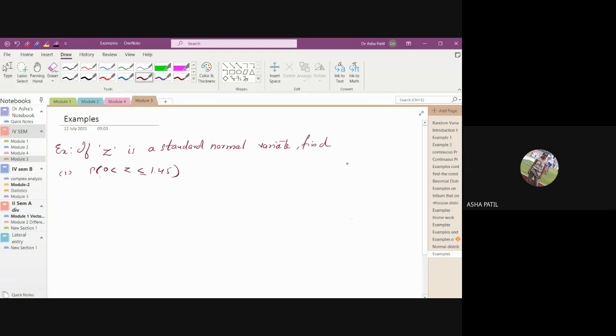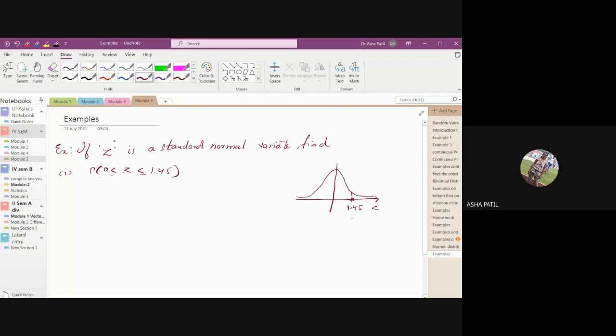Suppose you have a normal curve, it is a bell-shaped curve, symmetric about the line Z equal to 0. So this is your Z and f of Z. Here, suppose we have Z lying between 0 and 1.45. Let me take 1.45 somewhere here. Not exactly, you can take just a point there.